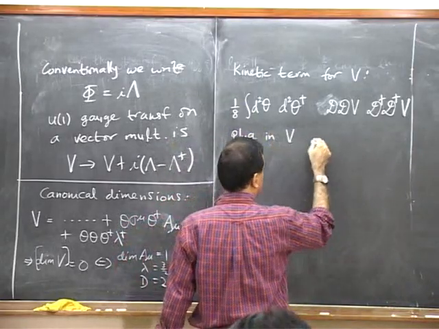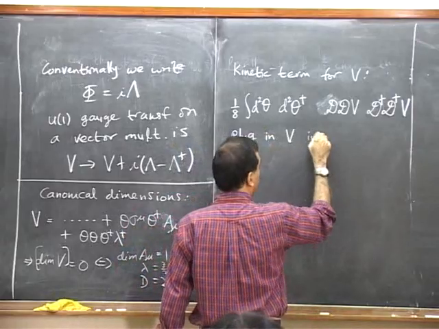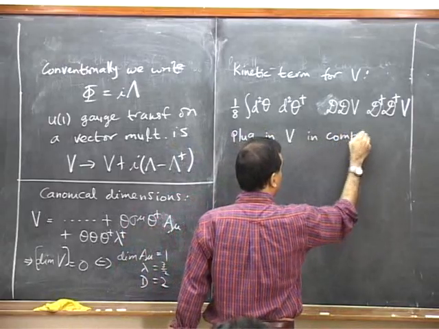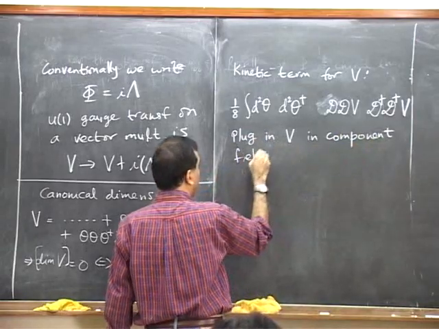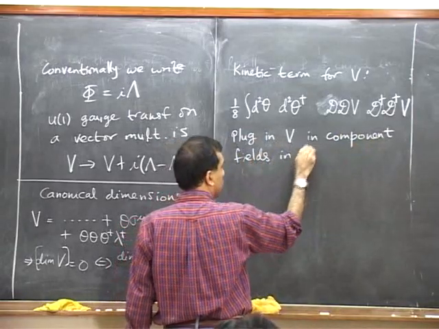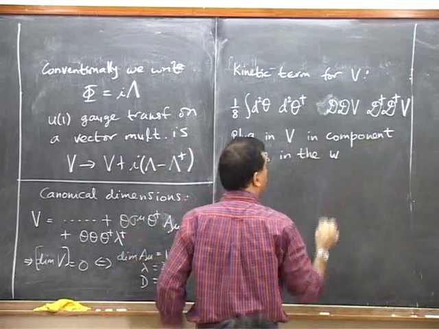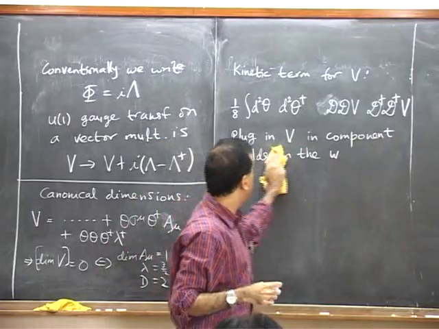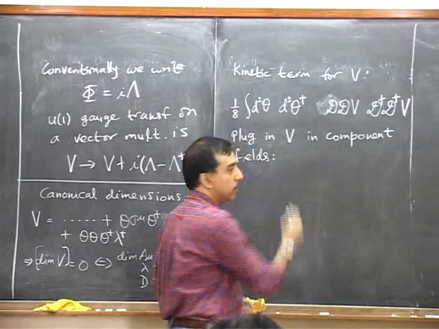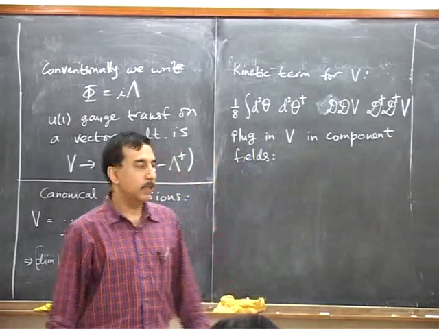V, the expansion of V in component fields, in the Wess-Zumino gauge. But actually it won't matter, because it will turn out this is gauge invariant. So even if we don't put the Wess-Zumino gauge, we'll get the same answer. Okay, that's an exercise for you.